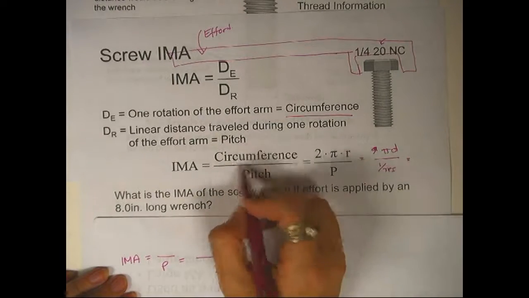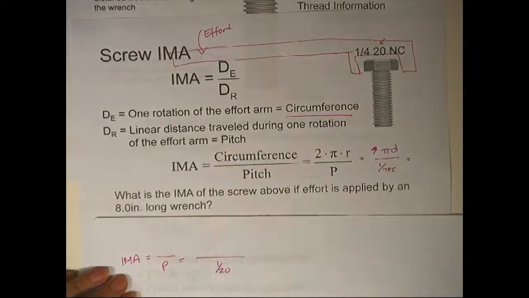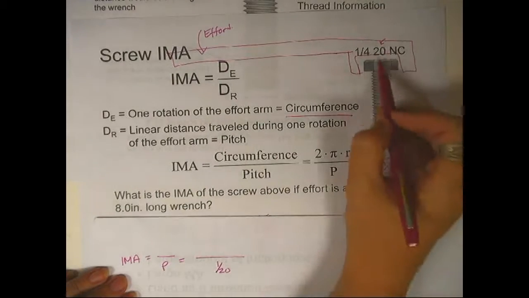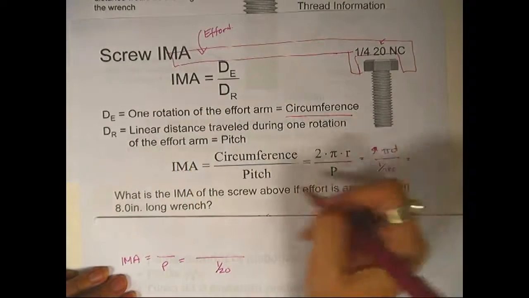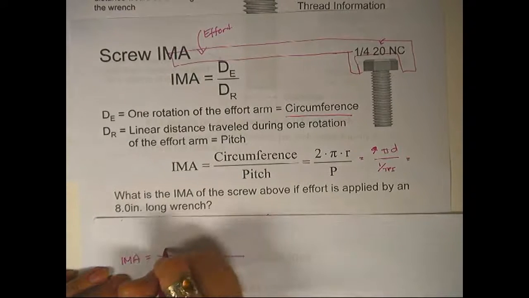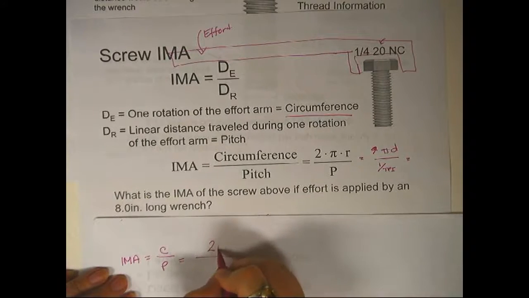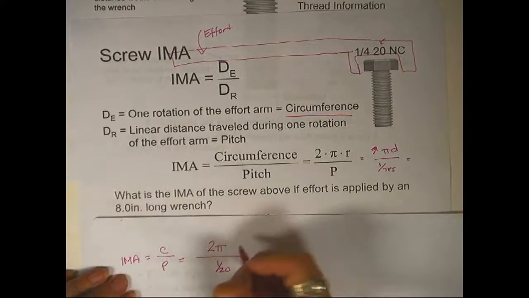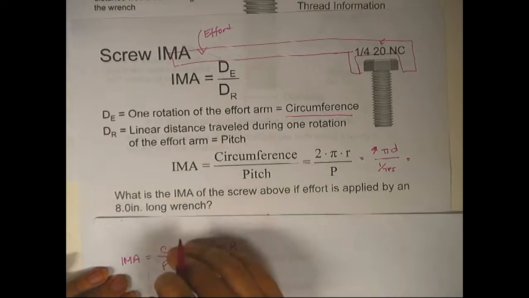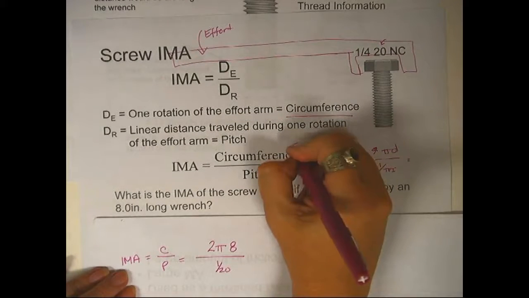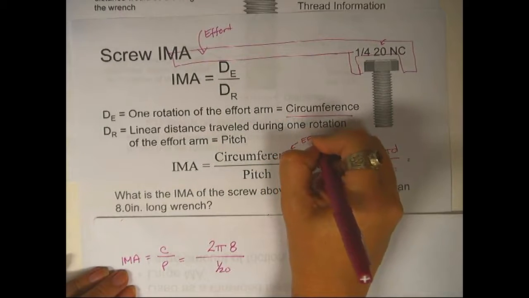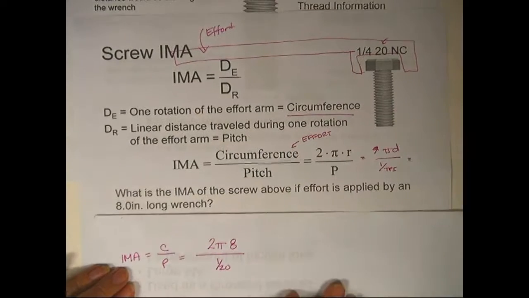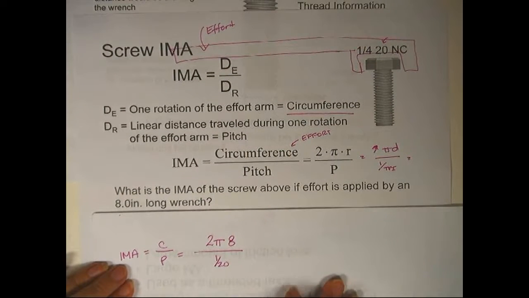So when I'm figuring the circumference of the effort, it's actually a radius here of 8 inches. So when I do circumference, I need 2 pi, and the radius is 8 inches long. So always remember, when we're talking about circumference, this is the circumference of the effort, and you have to be careful where you're applying the effort and what the problem's asking you for.